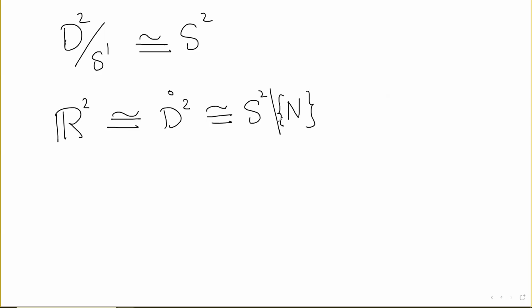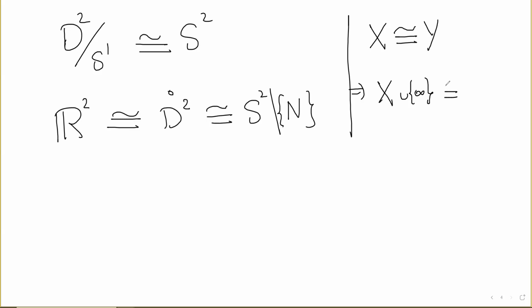Yes, their one point compactifications are homeomorphic. So you're saying that if X is homeomorphic to Y, then the one point compactification, what should be the notation, maybe X union infinity, is homeomorphic to Y union infinity.